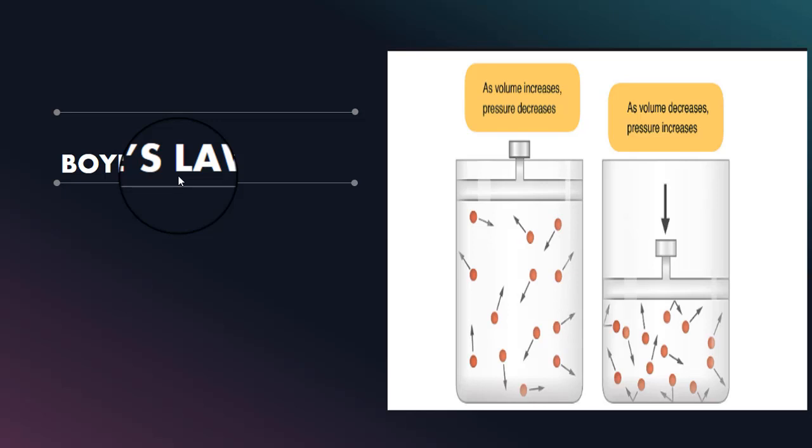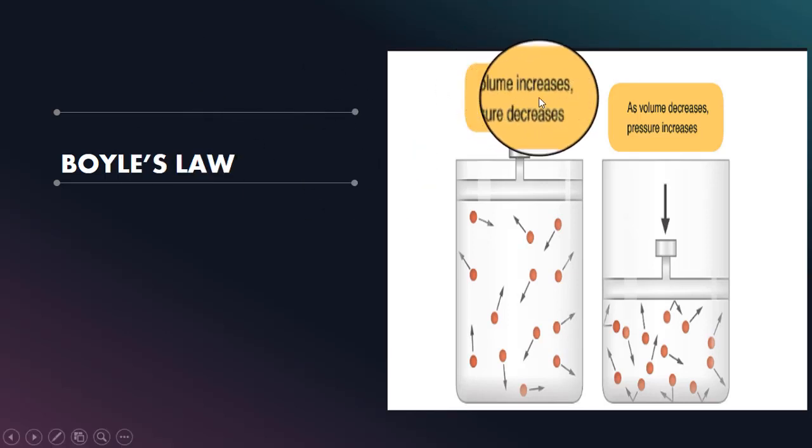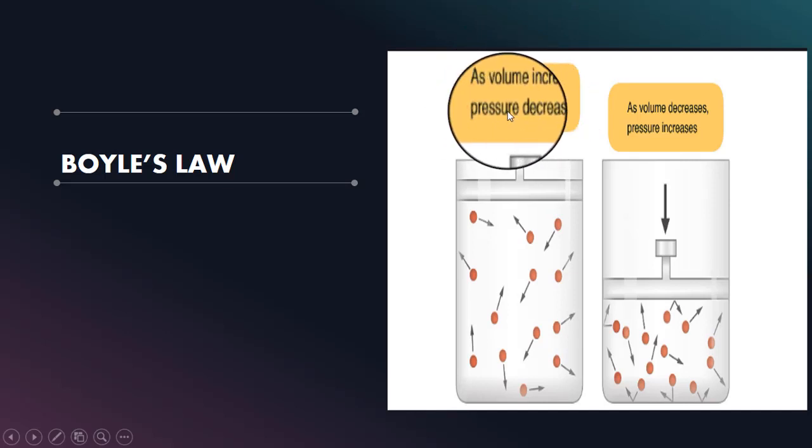Boyle's law states that the volume of a gas is inversely proportional to its pressure when temperature is constant. Therefore, when the volume of the thoracic cavity increases, the volume of the lungs also increases and the pressure within the lungs decreases.